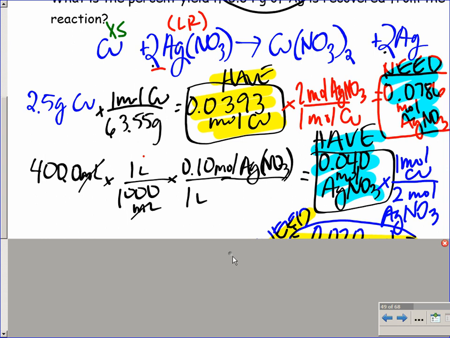So basically for part B, this is where you're starting here. Proceed with your limiting reagent moles. So proceed, is that silver nitrate? Yeah. So take those moles and convert to just silver? Yes, using your mole ratios.